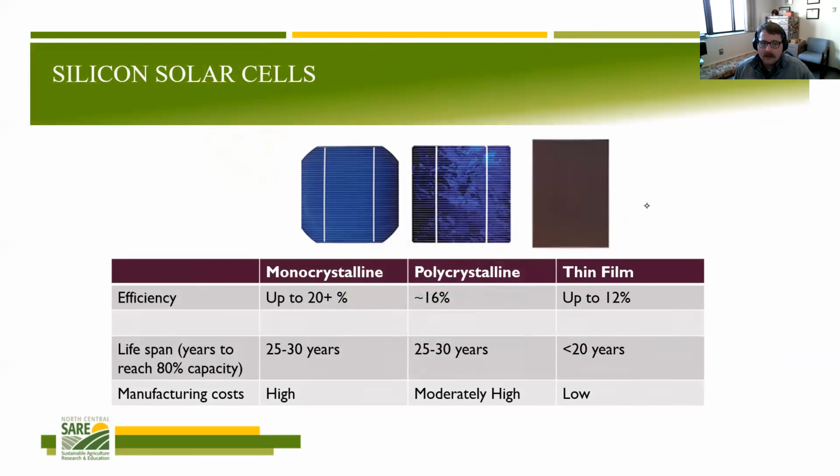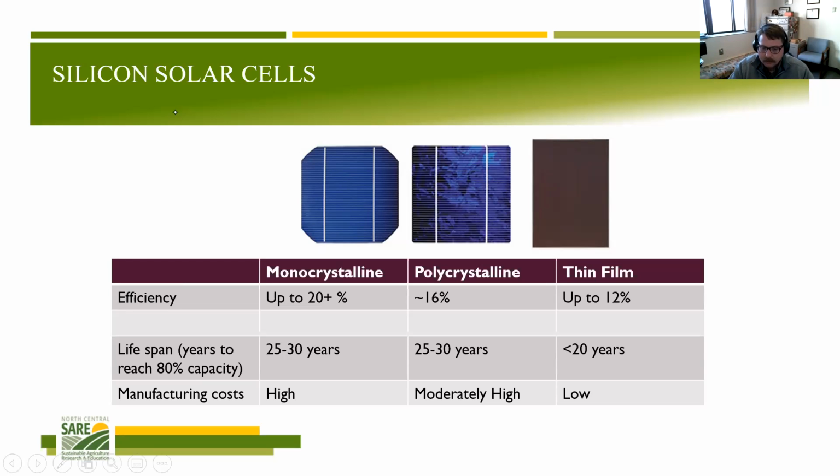There are three very common types of silicon solar cells. There is monocrystalline, where they grew one large crystal and sliced it. And you can see that one is very, very solid colored, versus the one in the middle, polycrystalline, where they let a large mass of silicon metal cool, and then they sliced it, and the crystals were formed in all different directions.